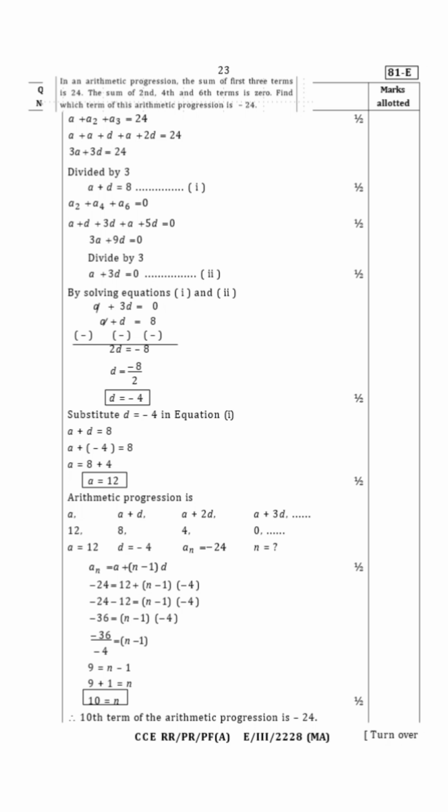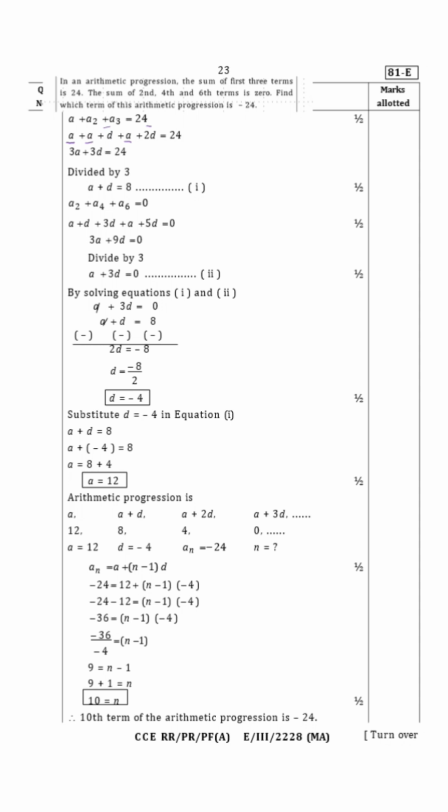So a plus a plus a, that is 3a, plus d plus 2d, that is 3d, is equal to 24. Now we can divide it by 3 because 3 is a common factor. Here a plus d is equal to 8. Let this be equation number 1.